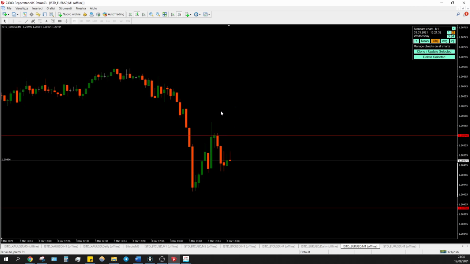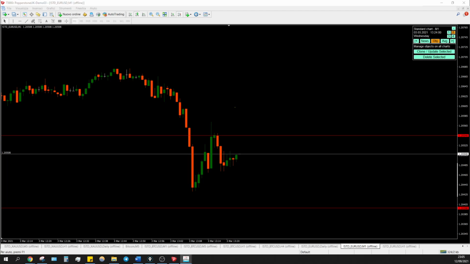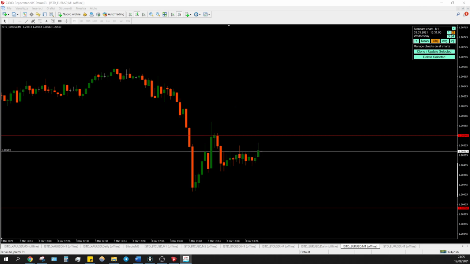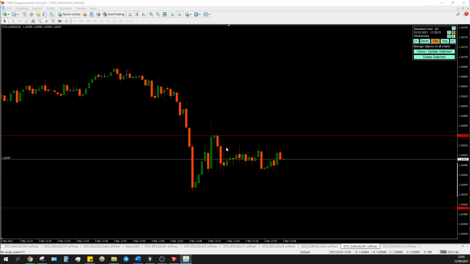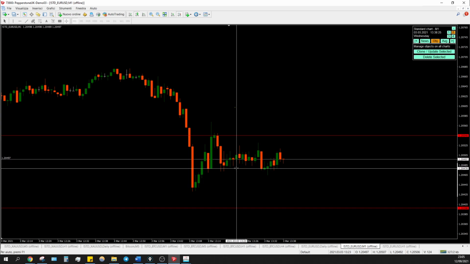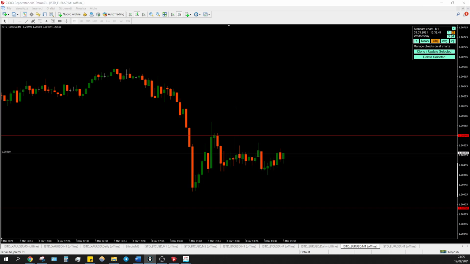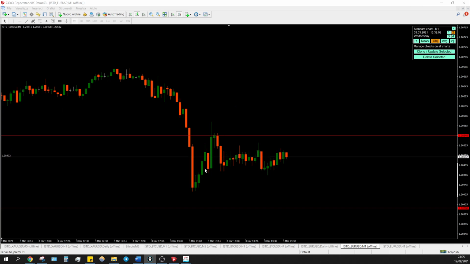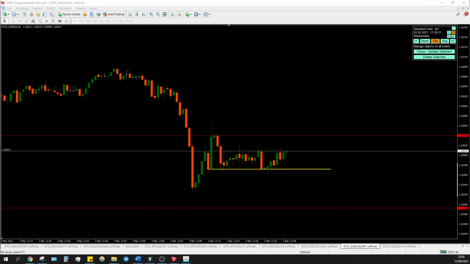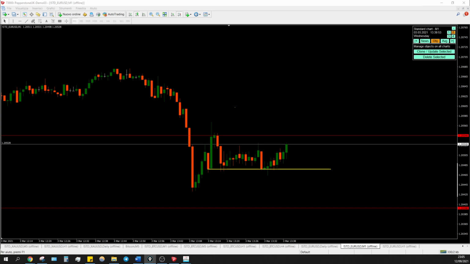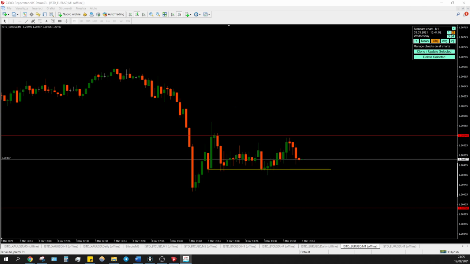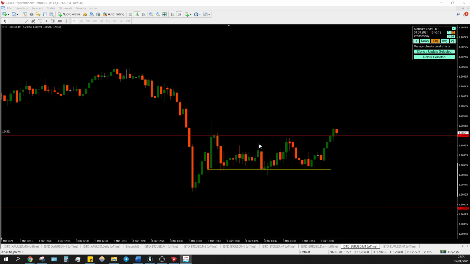Let's see now after the news if we have some move up about the PSA. And it looks like we are ranging. We are creating a fat candle body support here. Yeah. Nice, how it held.